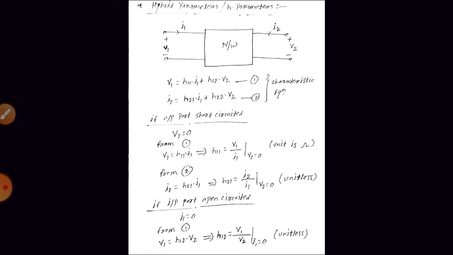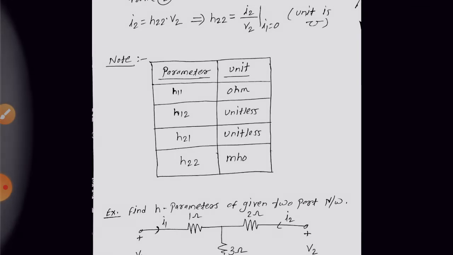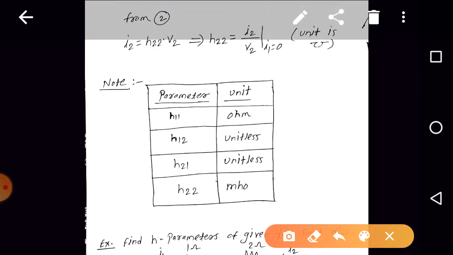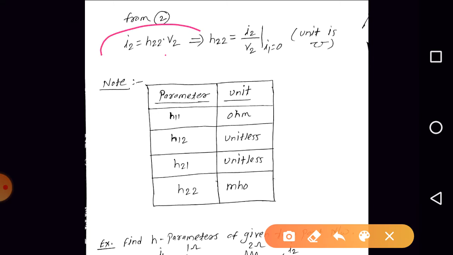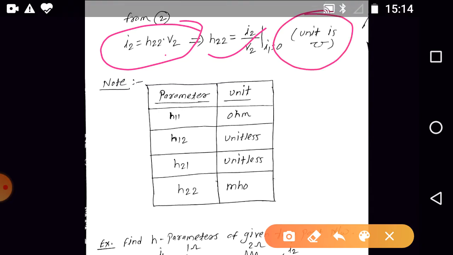Be careful. If I1 is 0, then from equation 2, I2 is equal to H22 into V2. So H22 is I2 by V2, a ratio of output port current to output port voltage, so it is like an admittance. The unit of admittance is mho.